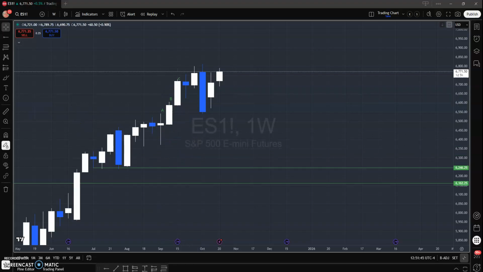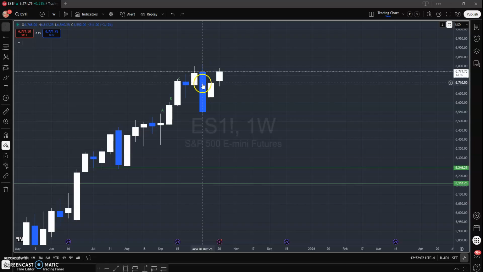And to show you how the market uses these fair value gaps, as you can see, we kept going up and made a little fair value gap here. This is now candle A, B, C. If we're looking at this downward candle, it made a little fair value gap.